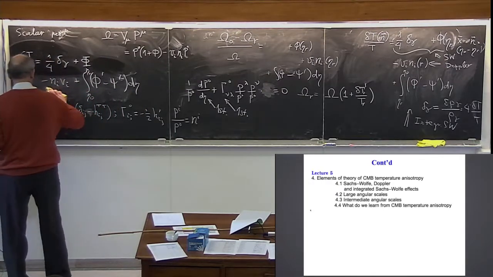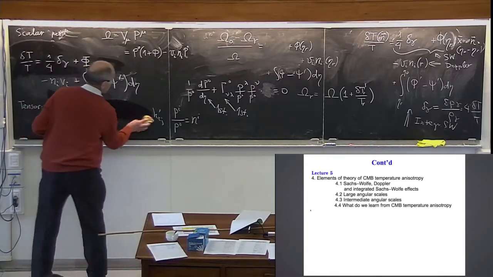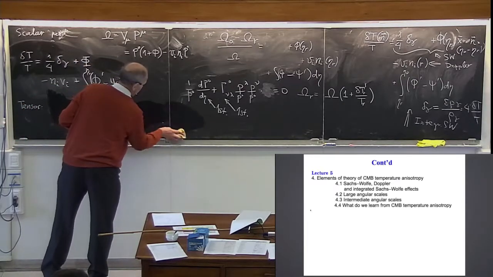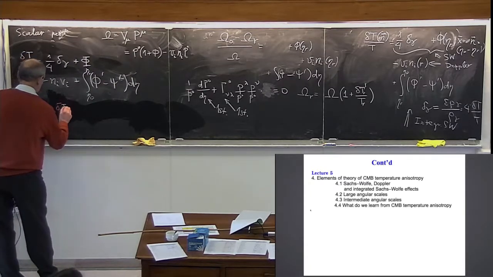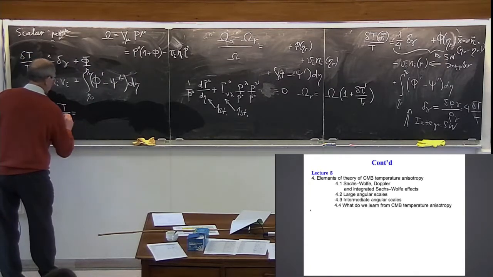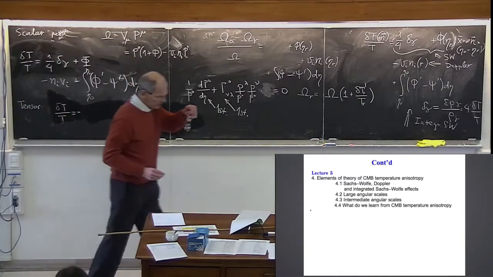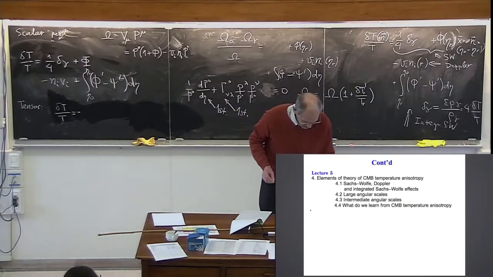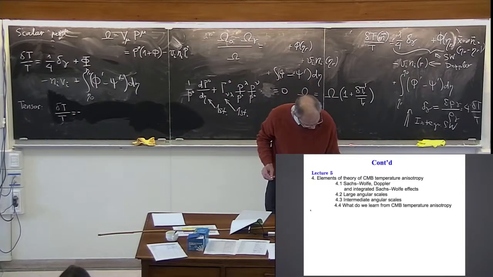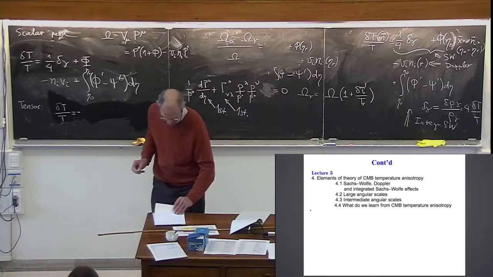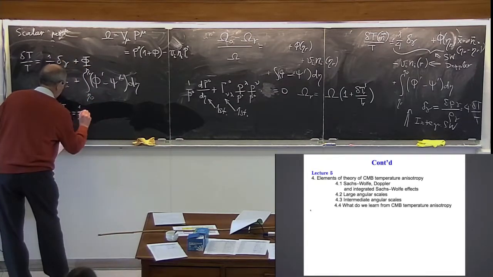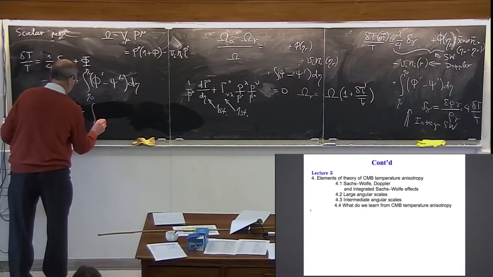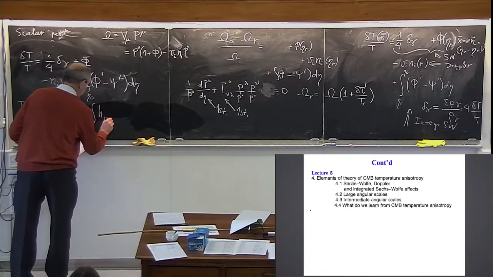So for tensor modes, what you get is that delta T over T equals, let me make sure I have the sign right, which is unimportant, but still, plus 1/2 of the integral of h_ij prime.